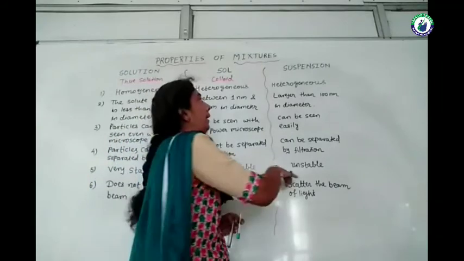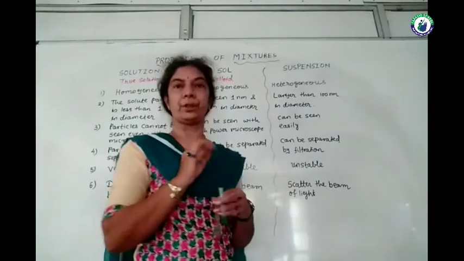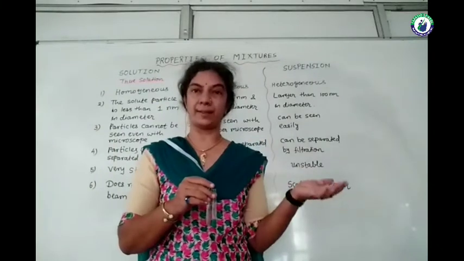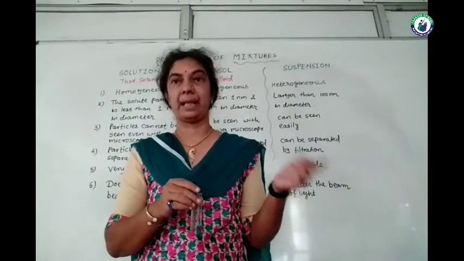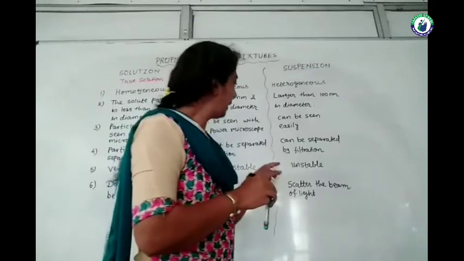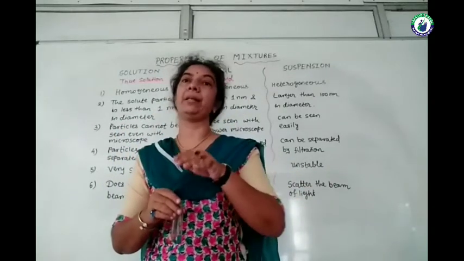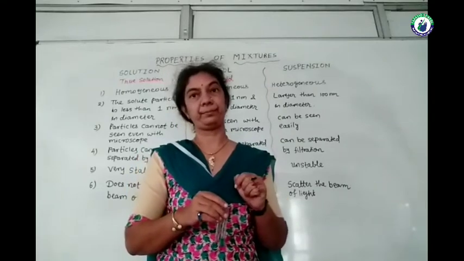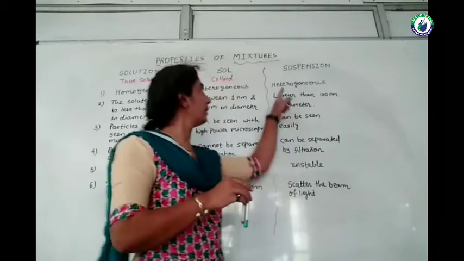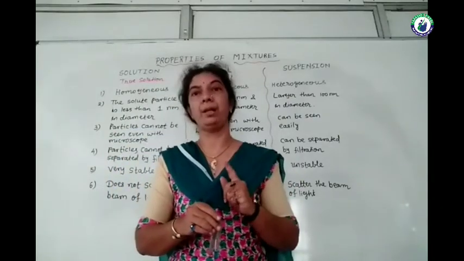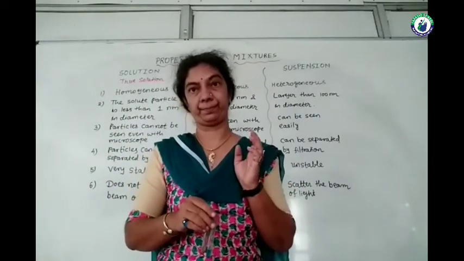But in the suspension solution, if we keep the solution undisturbed for some time, then the solute particles will settle down at the bottom. And that's why we can say the suspension solutions are unstable solutions.